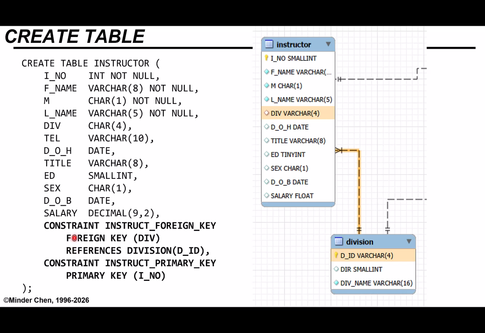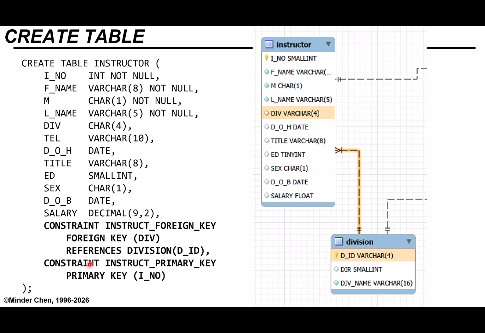Okay, foreign key is div, so div here is a foreign key. It references, pointing to the parent table, the division table. That's the division table's primary key, which this foreign key column div refers to. So that's how we define a foreign key.